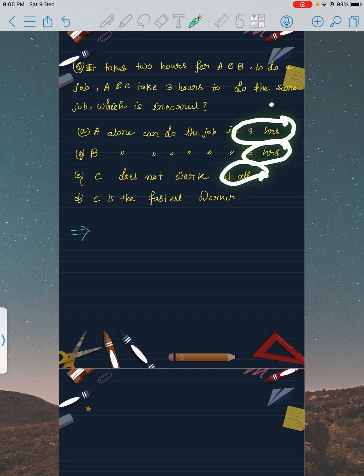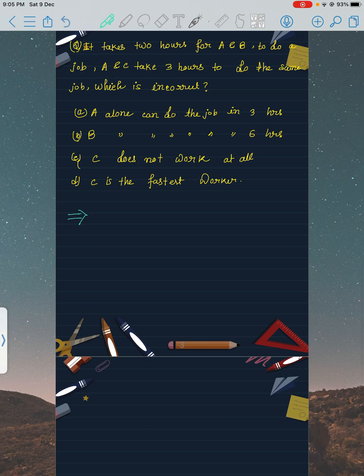Okay, so what will we do now? See, we have to first of all write down the problem like this. A plus B, it takes 2 hours for A plus B to do a job. Write 2 hours. A and C take 3 hours to do the same job.